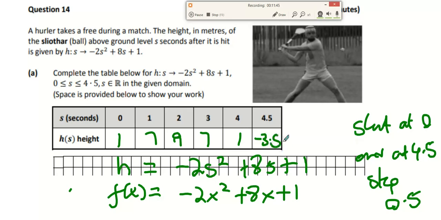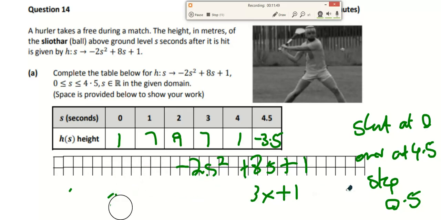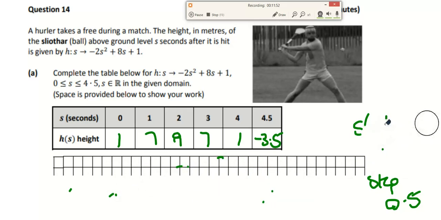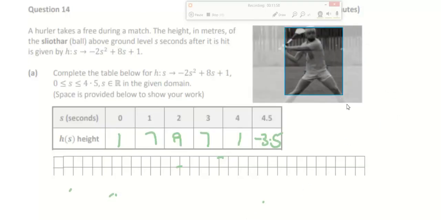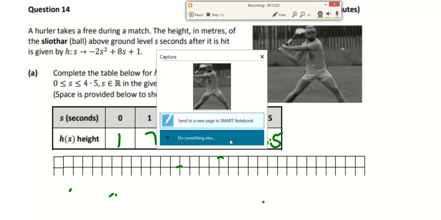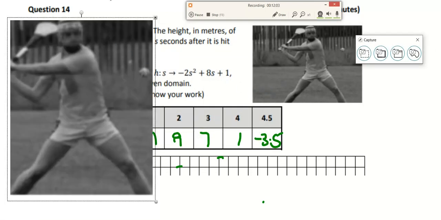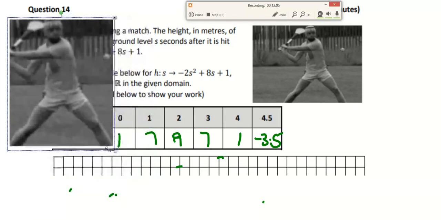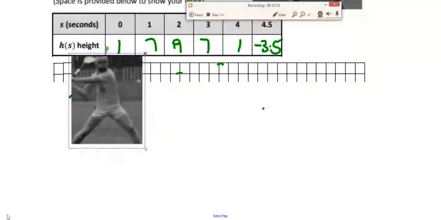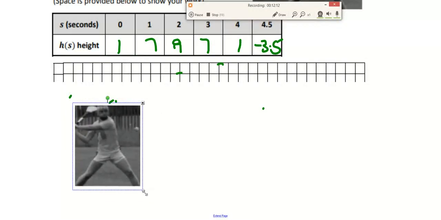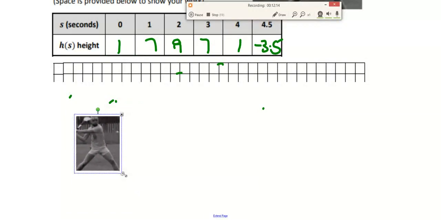Interesting. Okay, now get this. What we're trying to say is that this hurler, I'll just take a picture of him again, probably on his standard Wednesday, is doing his thing. When Sean hits the ball, it's 1 meter above ground.